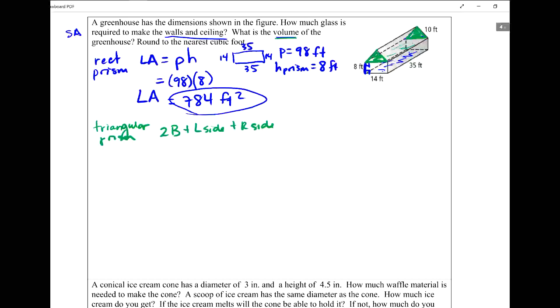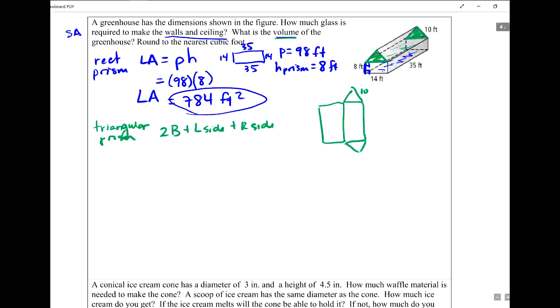I think drawing a net on this one might be really useful. So we know we need these two sides. Doesn't have to be accurate to shape. And then we've got our two bases that go on it. Now what do we know? We know that that is 10. And where am I going to get these other measurements?